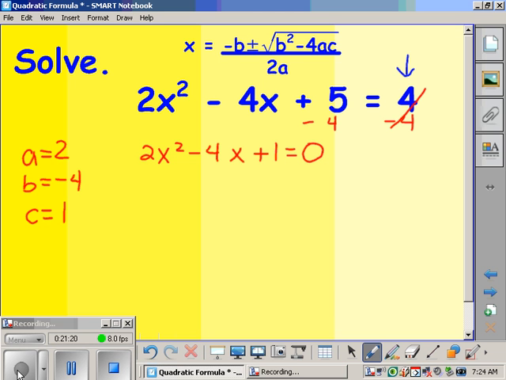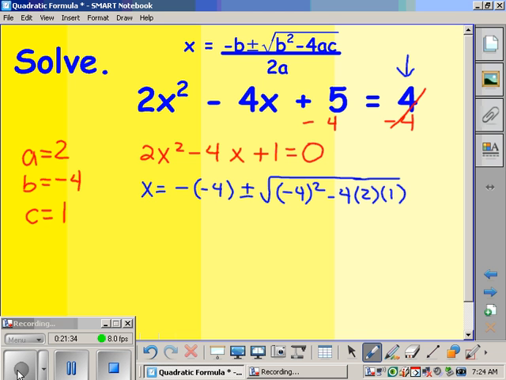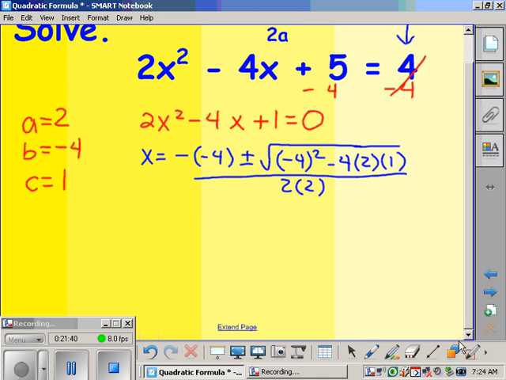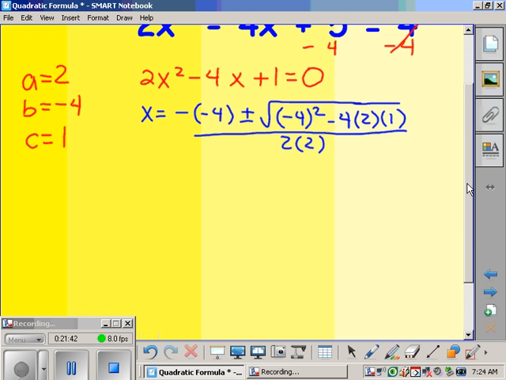So let's go ahead and plug those numbers into the quadratic formula. So we have x equals negative b, so negative negative 4, plus or minus the square root of b squared, so negative 4 squared, minus 4 times a times c, divided by 2 times a, so 2 times 2. I'm going to extend this page, make it a little larger.